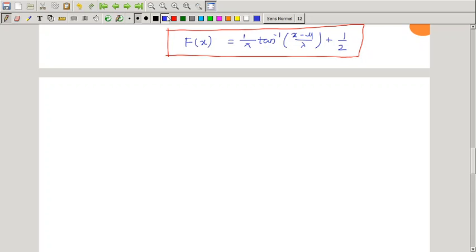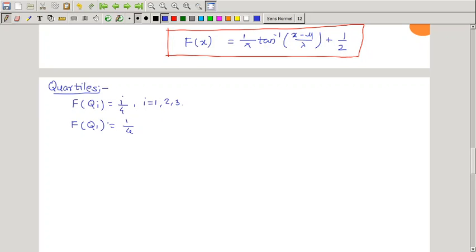Now we want to find the first quartile, that is q1. We find it as F of q_i is equal to i by 4, where i is equal to 1 to 3. For the first quartile, i is equal to 1, so F of q1 is equal to 1 by 4.